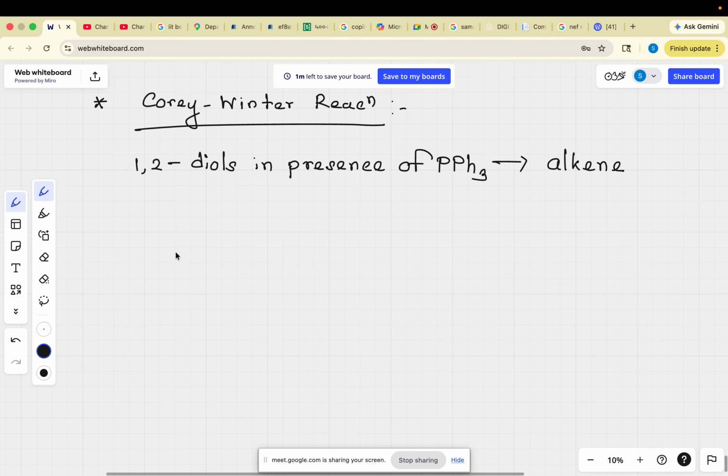So if you have this kind of thing, suppose you have this, here you have OH and here you have OH, this is known as your vicinal diol. What is a vicinal diol? If two adjacent carbons have OH, then it is a vicinal diol.